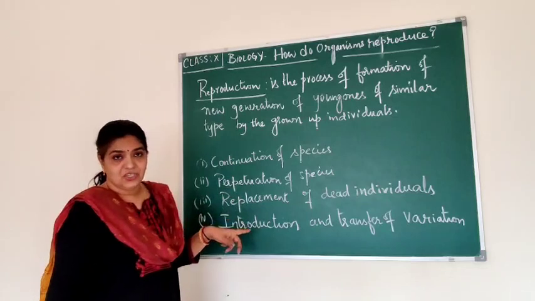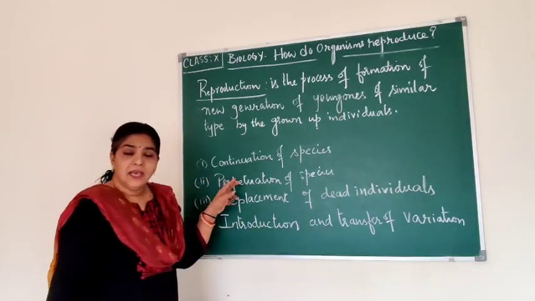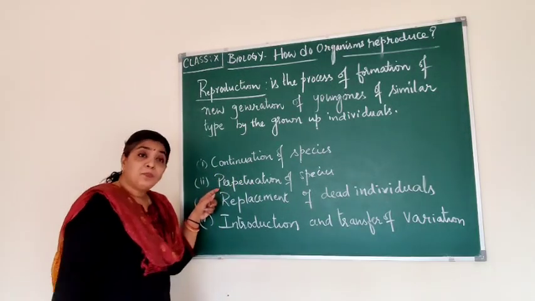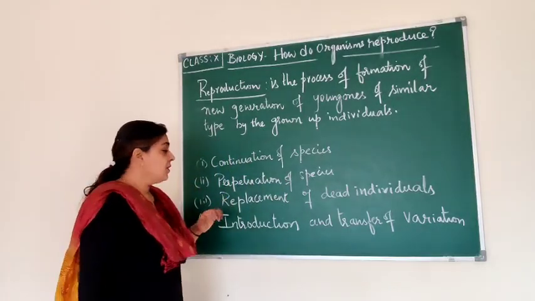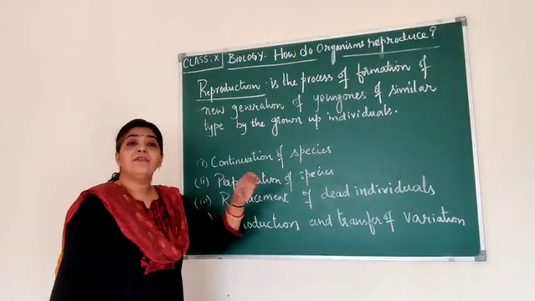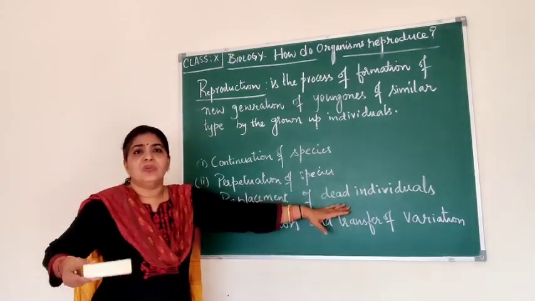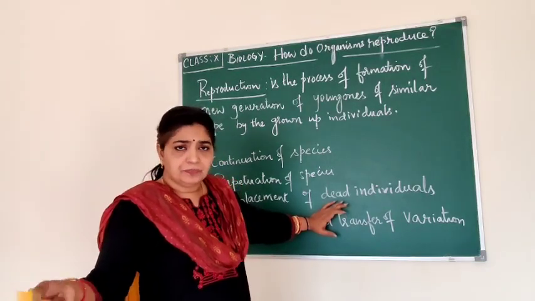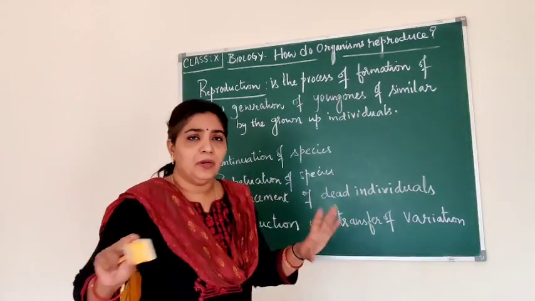Reproduction ensures continuation of species, perpetuation and preservation of species, and replacement of dead individuals in the population. Say there are around 50 elephants, and they don't reproduce.